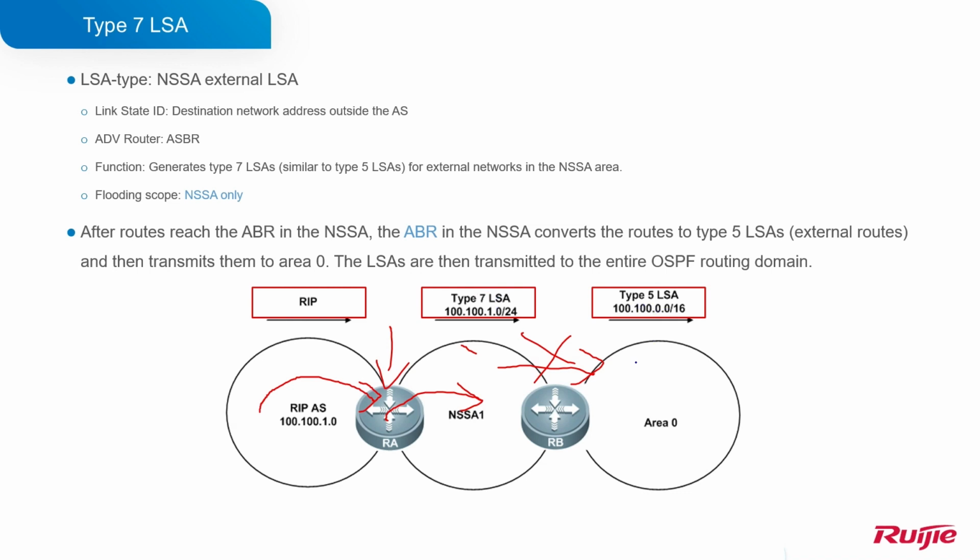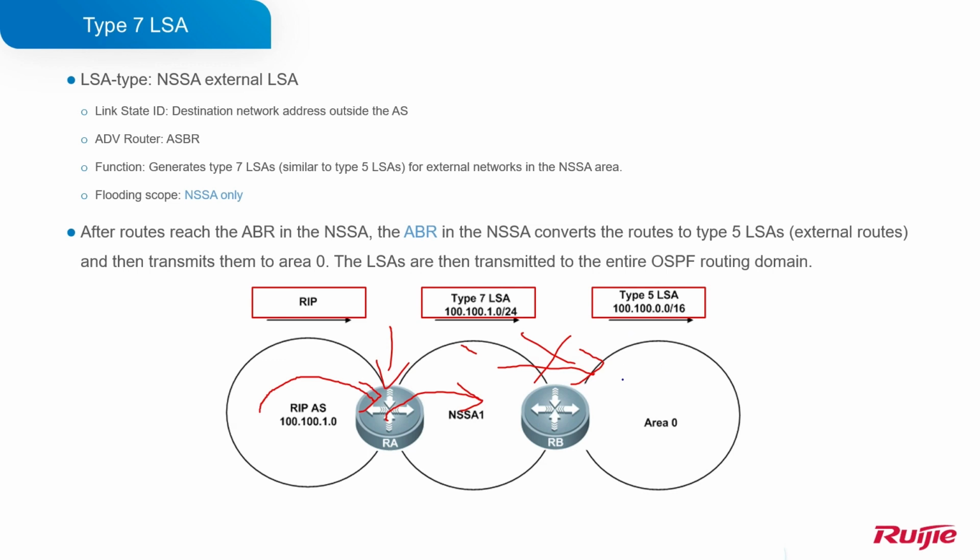Okay. And here we can see the router reaches the ABR device in the NSSA, and the ABR in the NSSA converts the route to Type 5 LSA. So the Type 5 actually is the external route, right? And then it transmits them to area 0, and area 0 can transmit to other non-backbone areas.